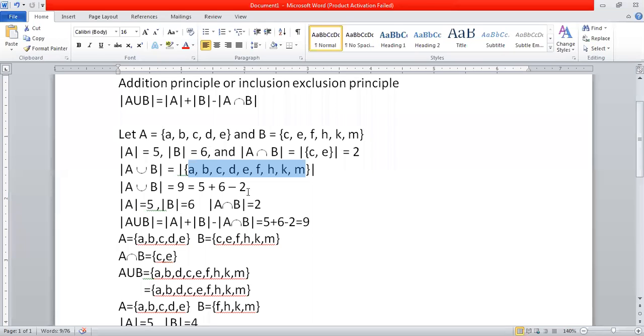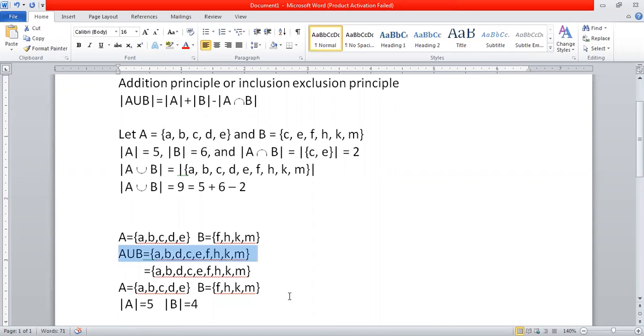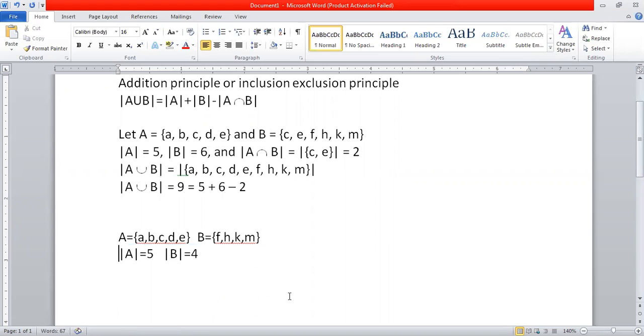Now let's consider second example. Here we have A is equal to a, b, c, d, e, and B is equal to, suppose we have f, h, k, m.